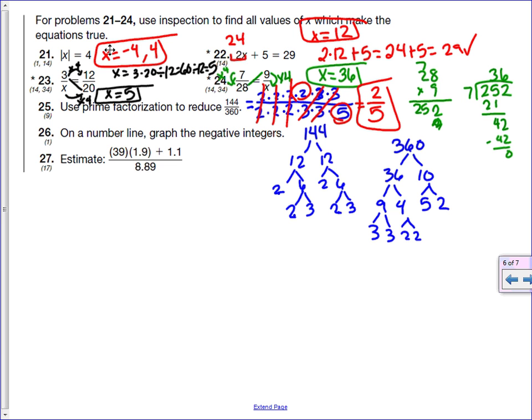On a number line, graph the negative integers. So again, negative integers could continue infinitely, but if we have a number line here, here's positive over here, negative over here, the negative integers would be on this side, exactly on the lines, because integers are whole numbers.